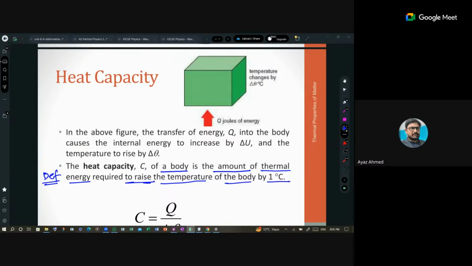For example, you had 5 kg of this block, whatever its mass is, its initial temperature theta 1 or T1 was 20 degrees centigrade, and you heated it up. Now the new temperature is 21 degrees centigrade. Whatever energy you supplied for this is its heat capacity. Got it?